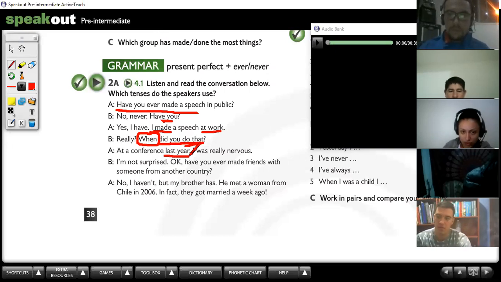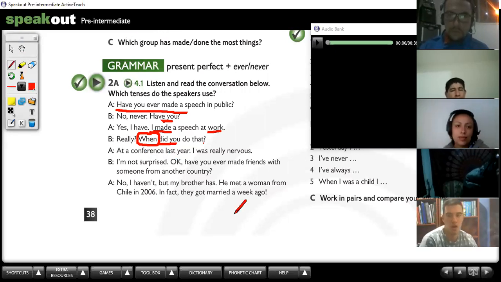We are talking about experiences, right? When we talk about experiences, we usually use both tenses, present perfect and past simple. Present perfect to talk about the experience, but then when we want to be more specific to describe the experience, we can use the past simple.